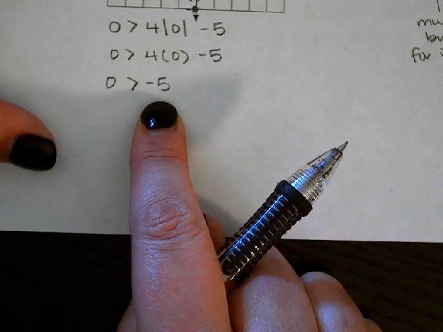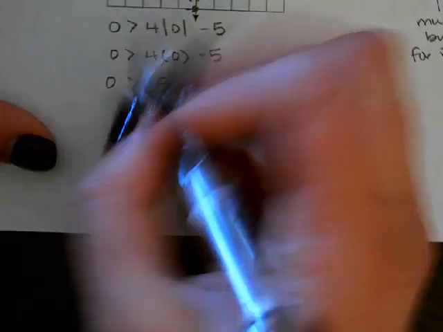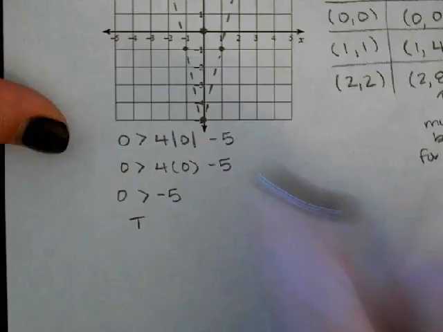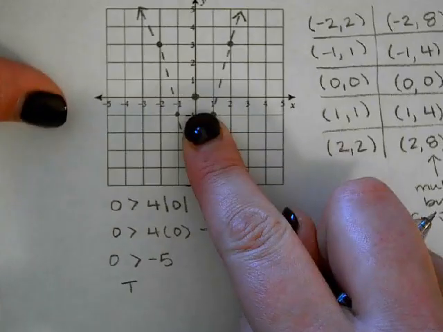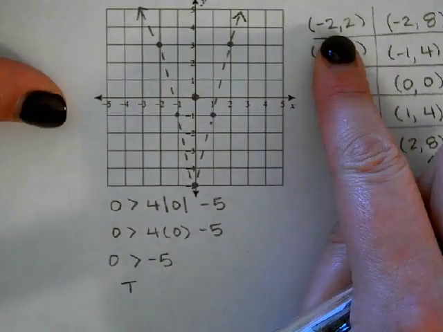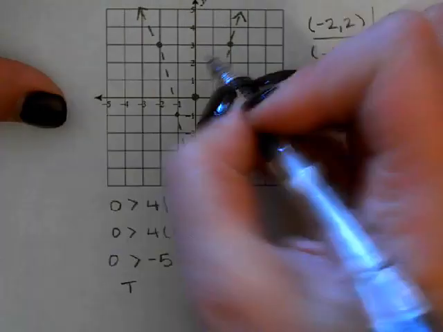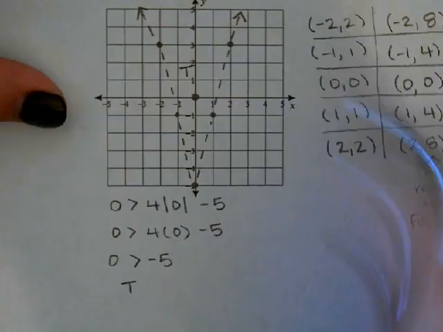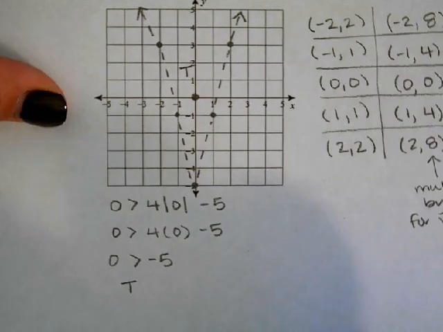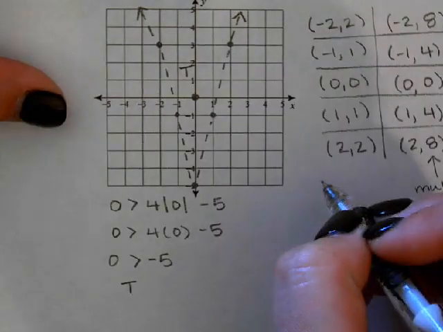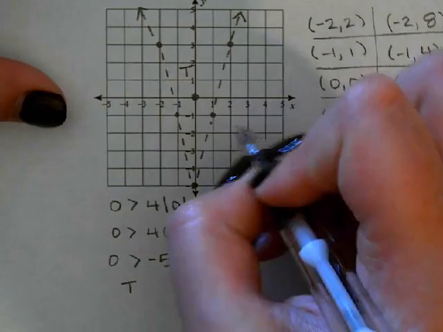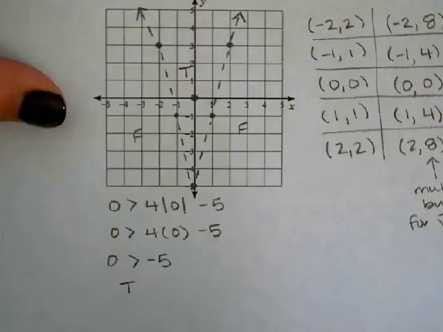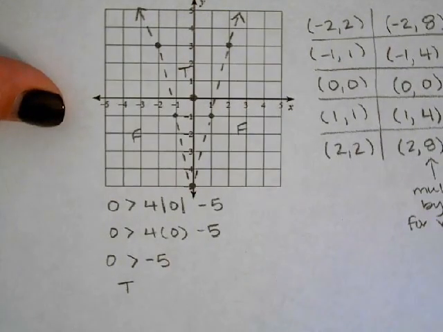So because 0 is on the inside of the absolute value graph, we're going to say the inside is true, because that's where we found a point that was true. That means that the outside, where the points were outside, would be false areas. So anything inside should be true, anything outside should be false. Does that make sense? Okay, so that means we're going to be shading inside.